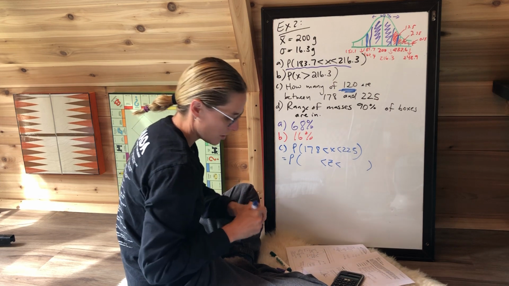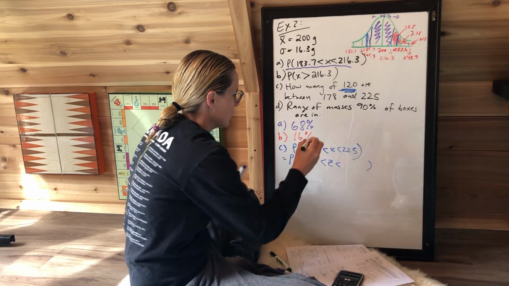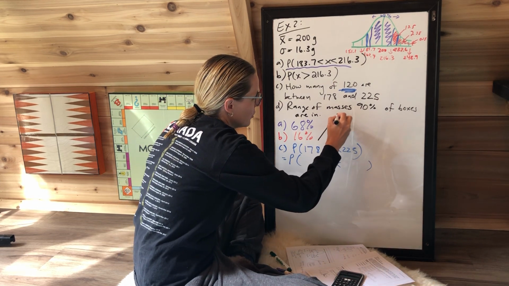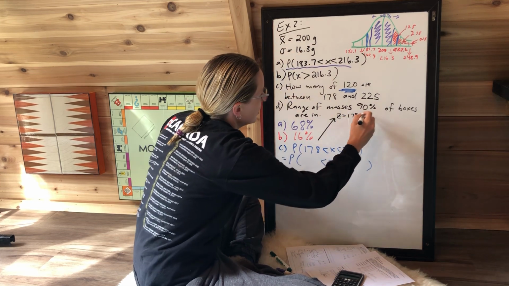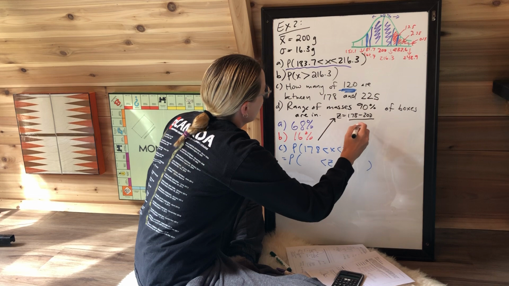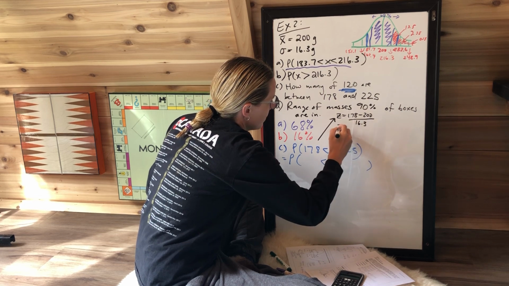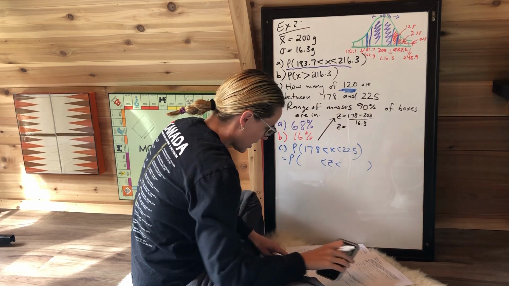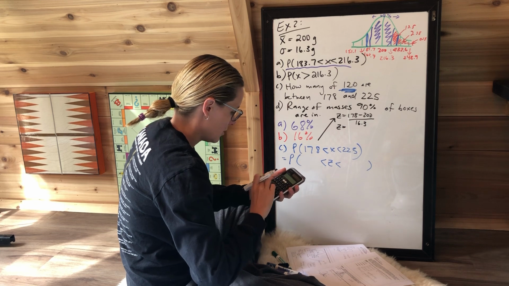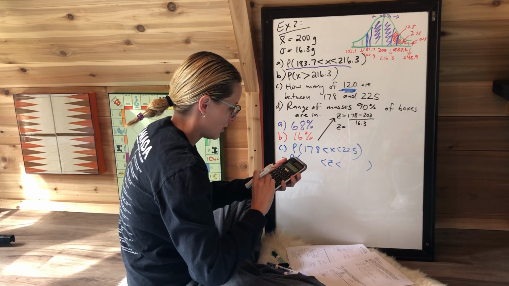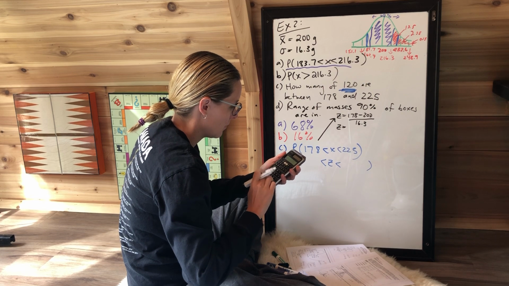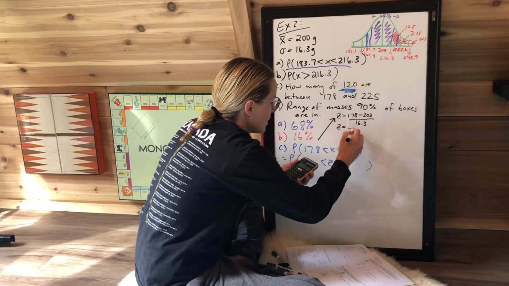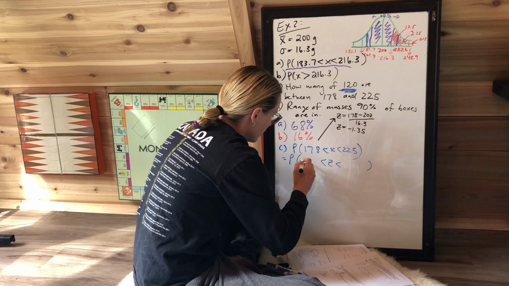You use z-scores. So if I just sort of look at this, I can get a Z value for that by using this X, 178, minus the mean, 200, divided by the standard deviation, 16.3, to 2 decimal places, and I find out that this Z value is -1.35.